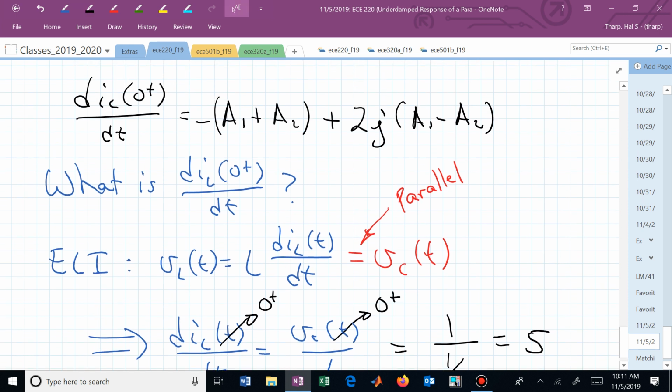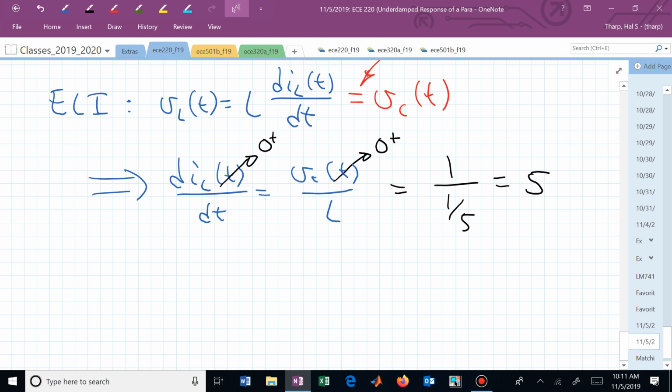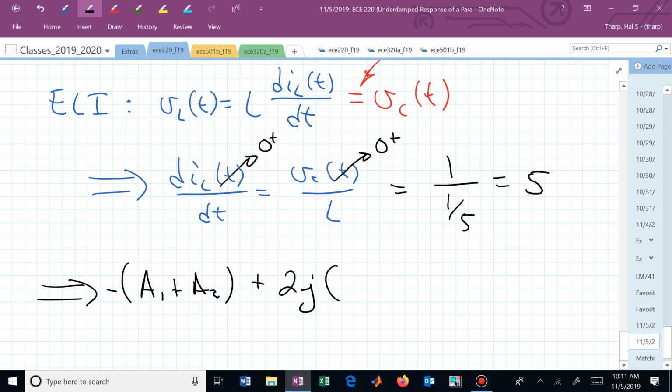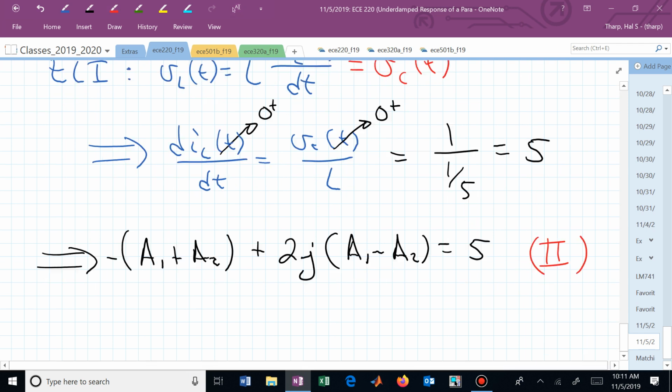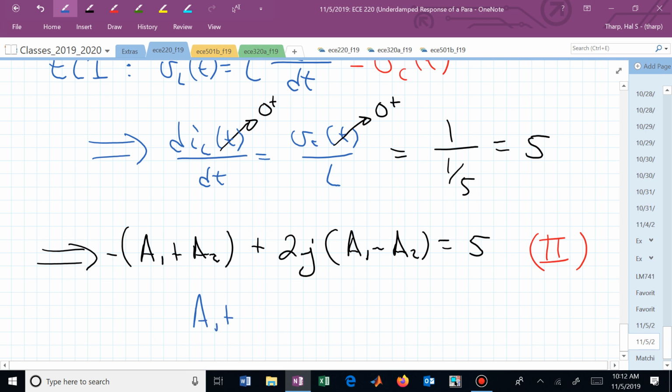Or we can now use this 5 to set minus A1 plus A2 plus 2J A1 minus A2 equal to a value. We now have minus A1 plus A2 plus 2J A1 minus A2 is equal to 5. And that is going to be my second equation. The first equation, if we've forgotten, was A1 plus A2 equaling 2.